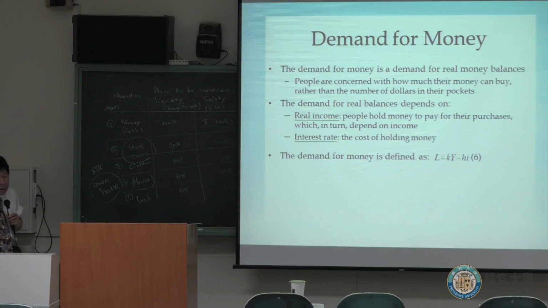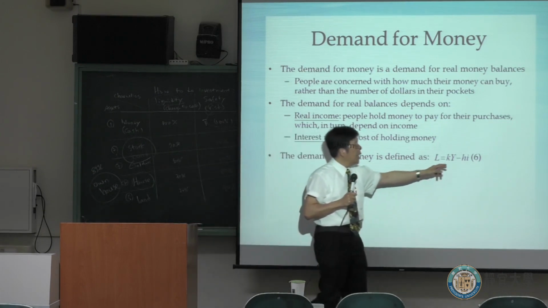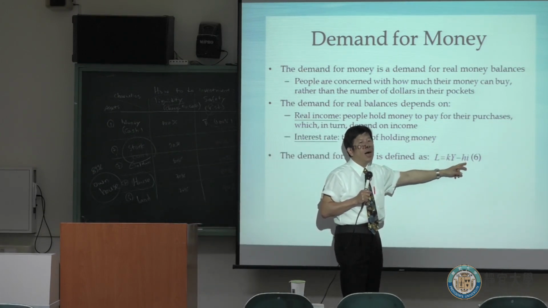So here you can see this formula, which is called the demand for money. It is defined as L equals kY minus hi. Actually, this i is the interest rate, the same as our small r.